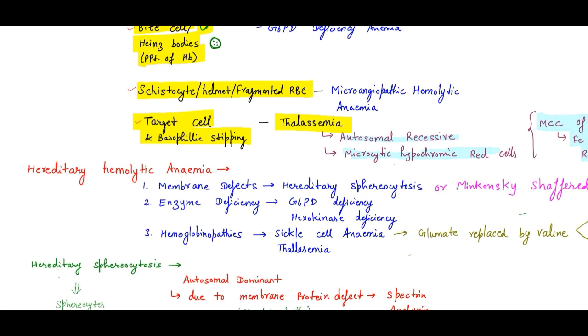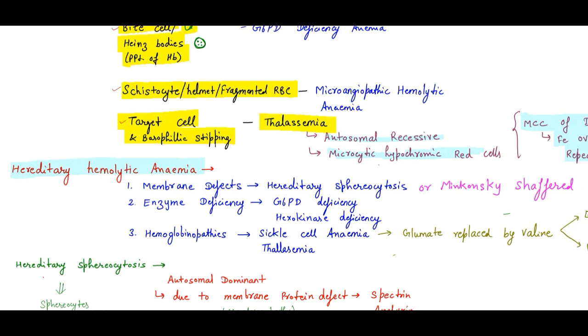Okay. Then we studied hemolytic anemia. Hemolytic anemia can be hereditary or acquired, intracorpuscular or extracorpuscular. What we'll study here is hereditary hemolytic anemia. Hereditary means there is a mutation.